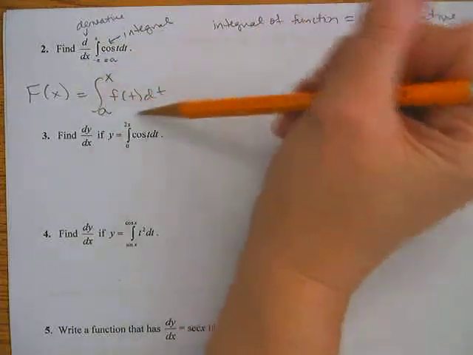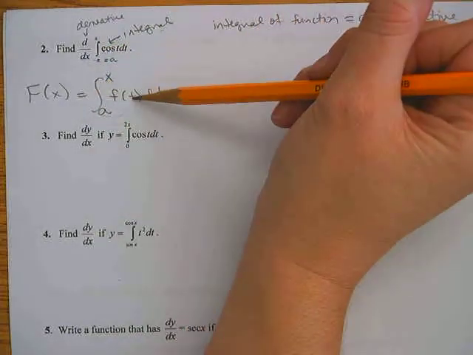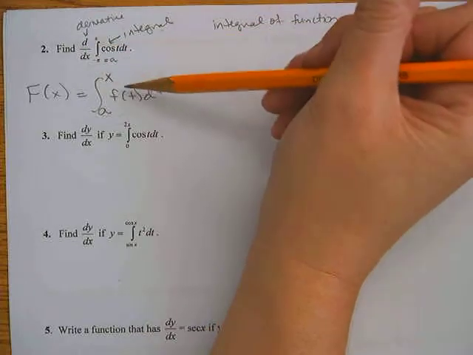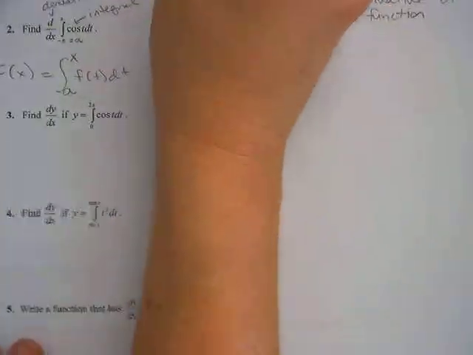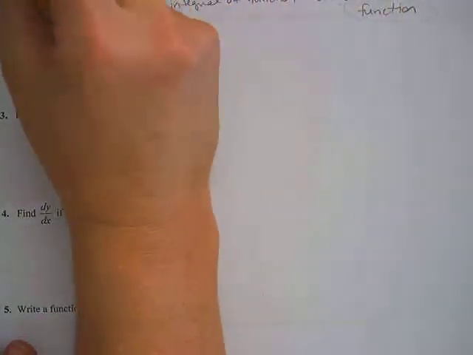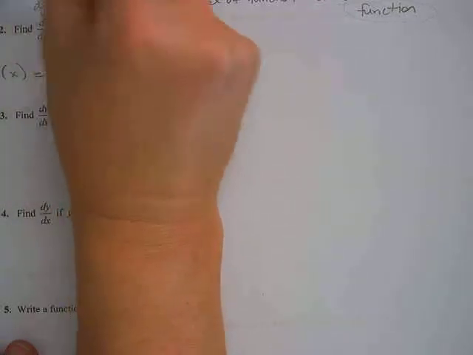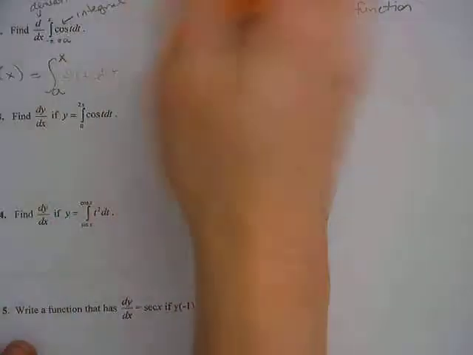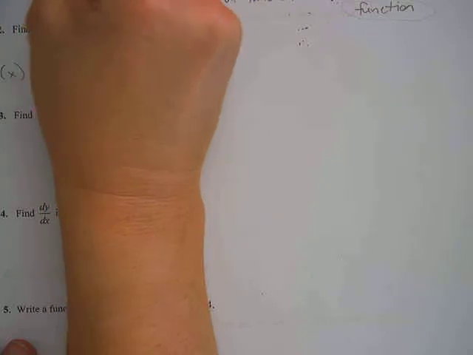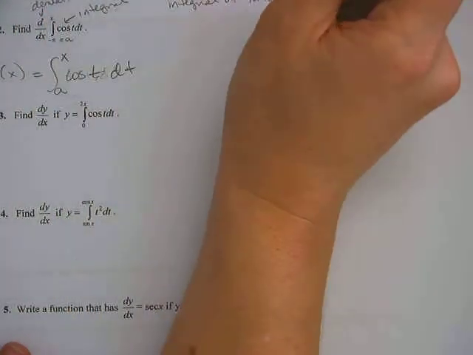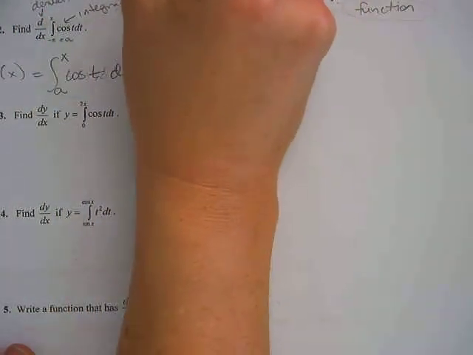So this integral is equal to the antiderivative of f, but I'm taking the derivative of the antiderivative. So in fact, maybe I'll go ahead and just call this cosine t dt, just to really bring it home.